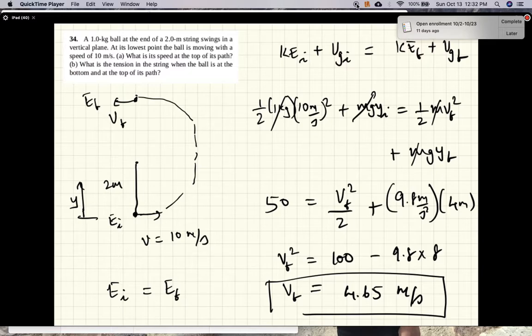What is the tension in the string when the, so part B, what is the tension in the string when the ball is at the bottom and at the top of its path? Okay, so let's do part B. Let's add a page.